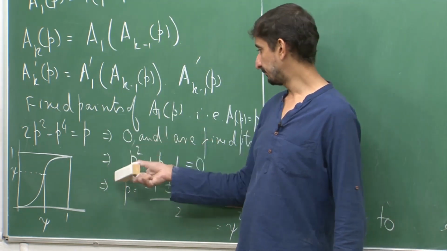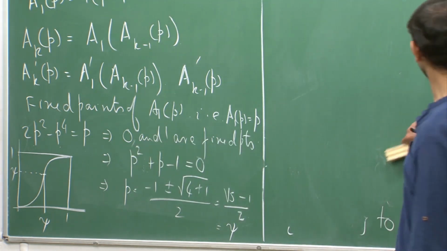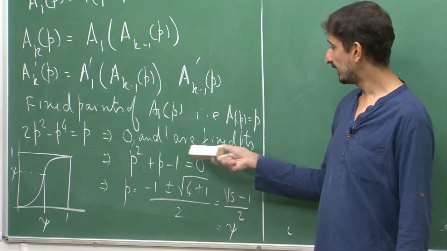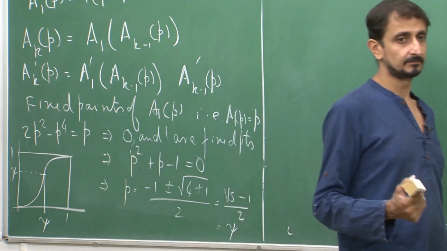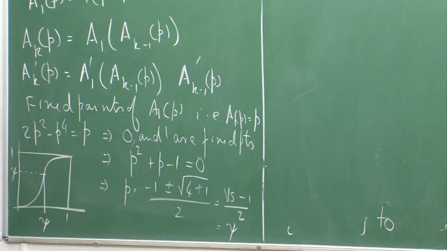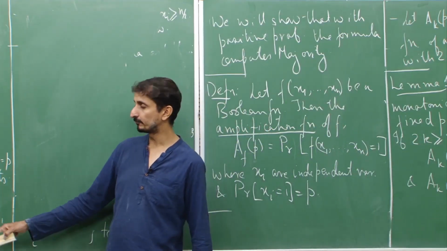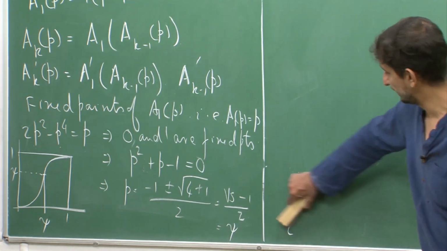So, then I get p square plus p minus 1. You can verify that p square plus p minus 1 into p minus 1 into p will give you this. We need the 4 roots basically. Huh? We need the 4 roots. No, not 4 roots, we need only 3 roots because as I said the 4th root is negative, so that does not occur.